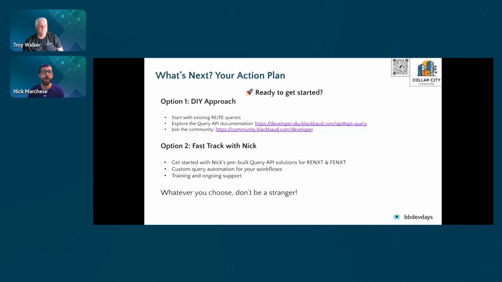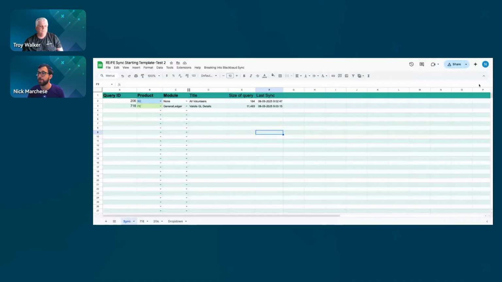I'm going to jump over to a different tab and show you what this could look like. Great, here's my other tab. I made a couple of columns: ID number, the product, and the module, and these are little drop-downs where I can pick which module it is.